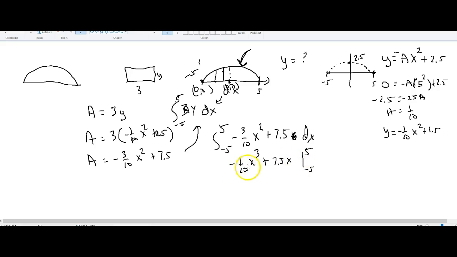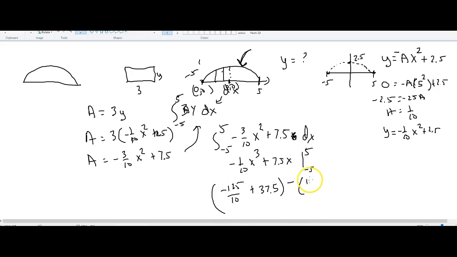I plunk in my 5 there. I get 125, so that becomes negative 125 tenths plus 7.5 times 5, which is going to give me 37.5, minus, and then I put a negative 5 in there.